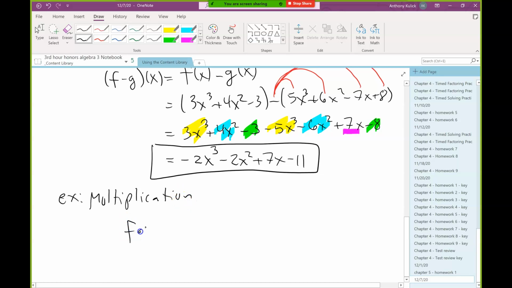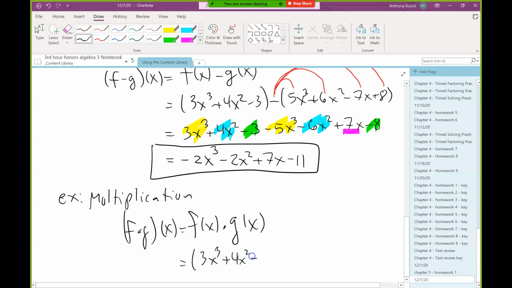Multiplication. So again, same idea. The product of the two polynomials we can find by just multiplying our two polynomials together.